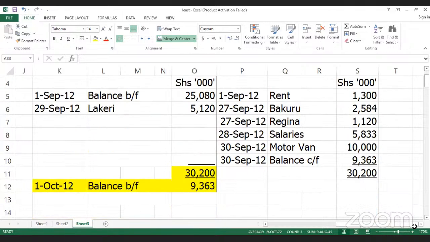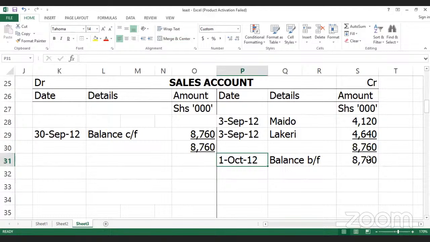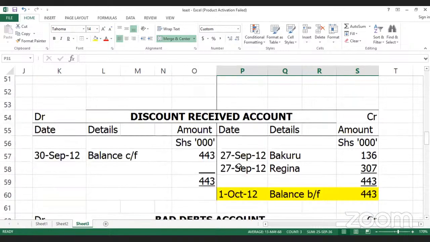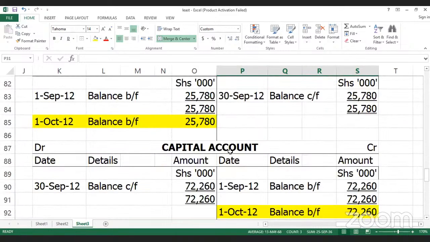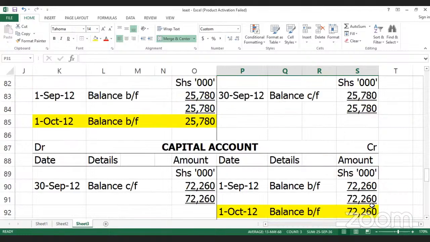If you have any account that has not been balanced, we have balanced off all the accounts. All the accounts are being balanced off. So now we are going to prepare what we call a trial balance.